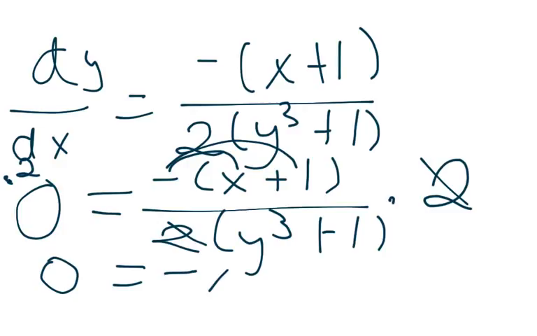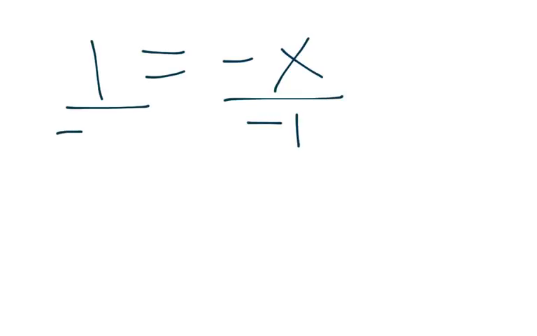So it will be negative x minus 1. So next we add 1 to the other side too. So it will be 1 equals negative x. So we divide by negative 1 to get rid of the negative on x. So it will be negative 1 equals x.